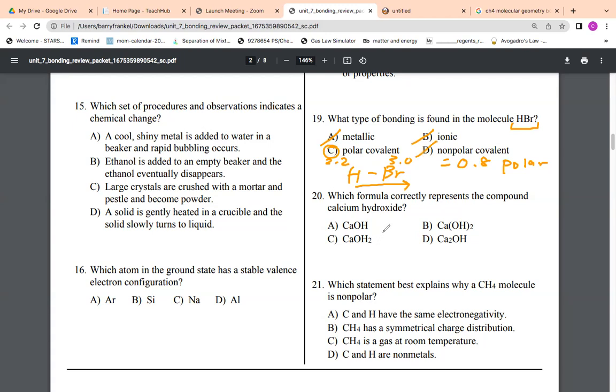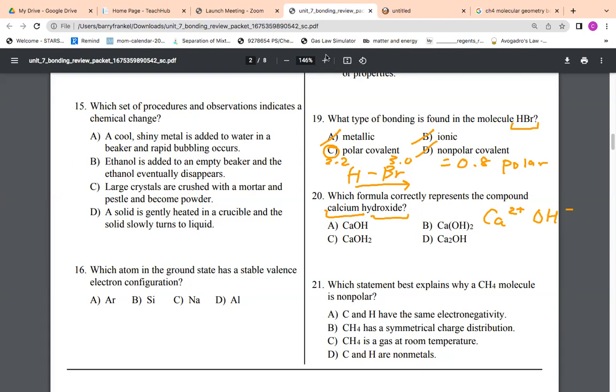All right, number 20. Which formula correctly represents the compound calcium hydroxide? Again, this is why it's good to know the polyatomics. Find calcium on the periodic table; its charge is 2+. Go to Table E, and you will see that hydroxide is OH negative. Now we have to put this together, using the crisscross method.